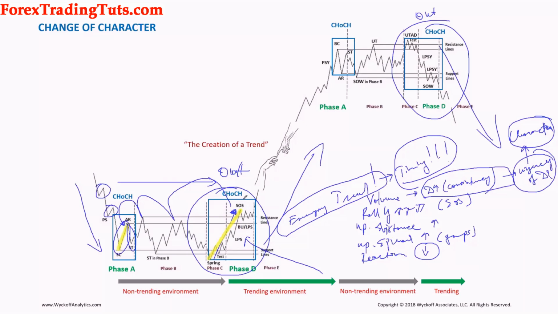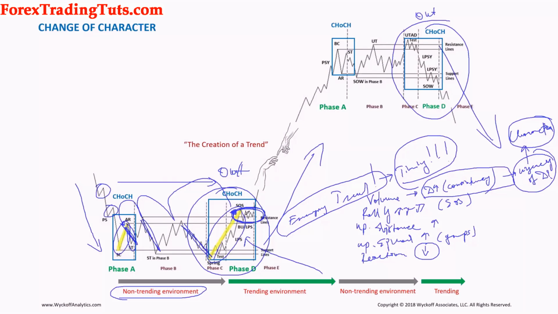In the change of character in phases C and D, we want, again, the same thing. We want to look at the rally and say that this is the better rally of them all in the non-trending environment we are currently in. And then as a confirmation, we want to look at the backing up action, and we're going to say that for the first time, this is a reaction that is so different from what we've seen before in the trading range.